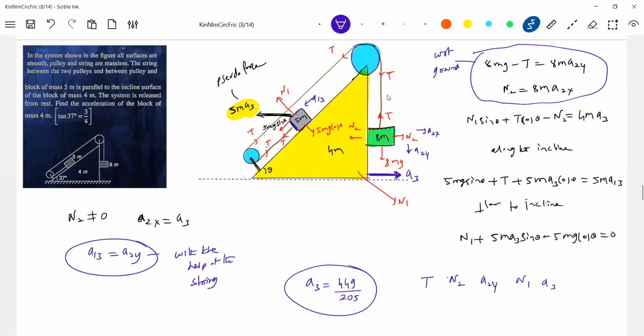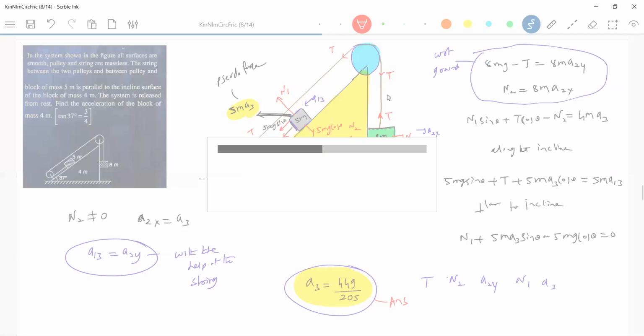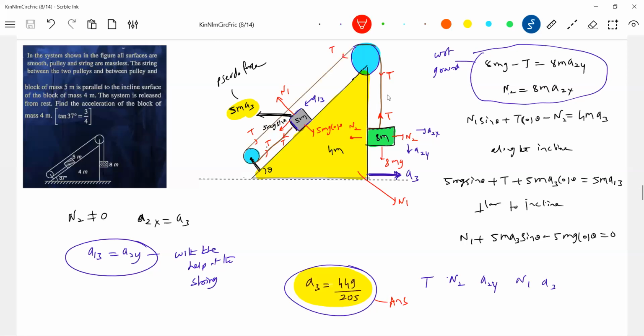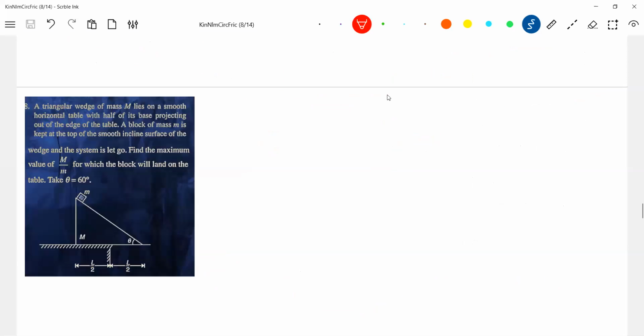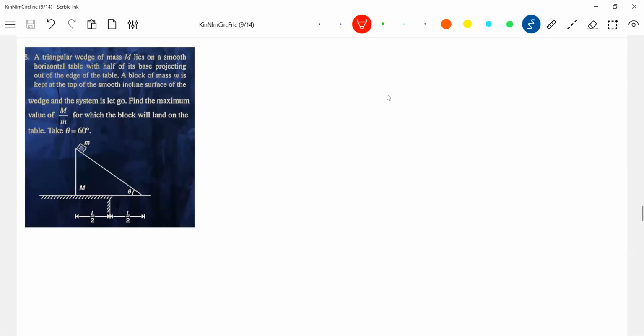Verify afterwards, this is the idea. There's an answer given in the textbook. Let me take the next one, the ninth one. Very nice problem, once again the same wedge concepts.